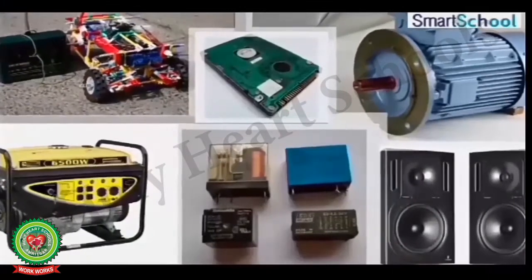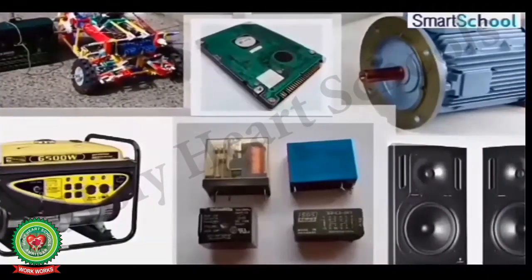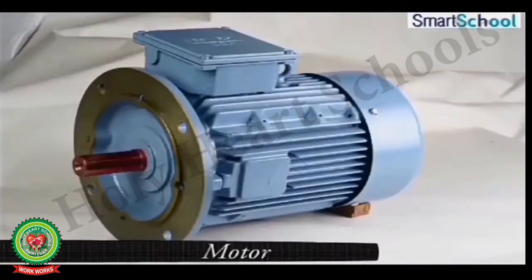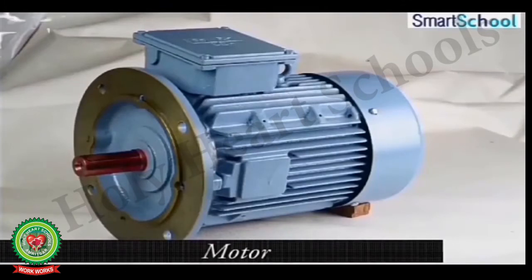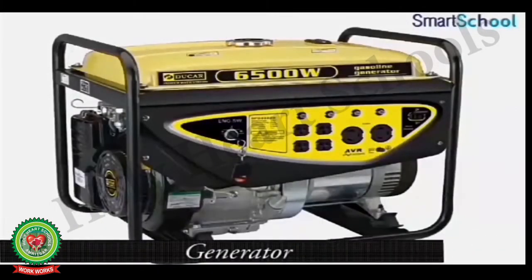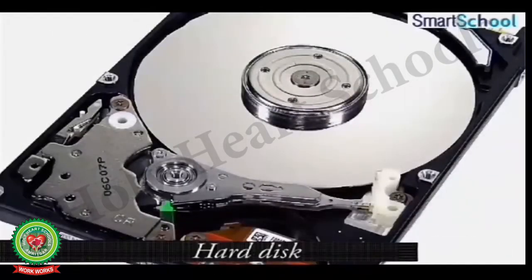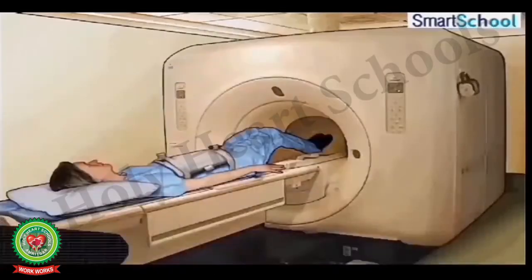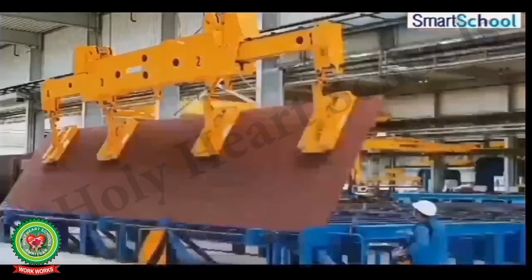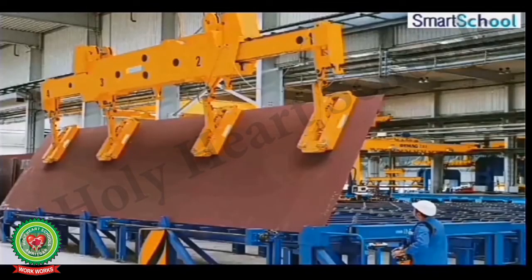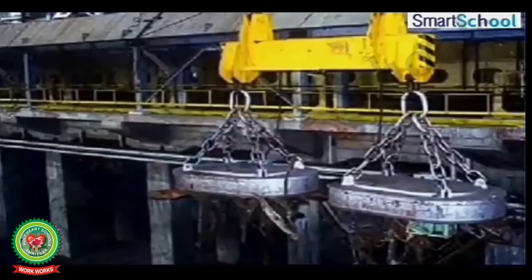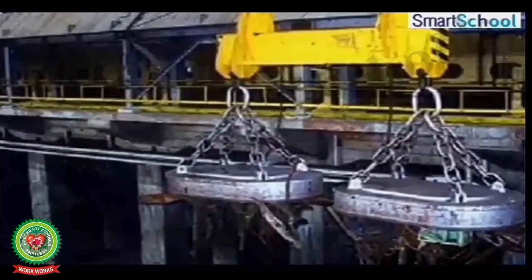Electromagnets are widely used as components of other electronic devices such as motors, generators, loudspeakers, hard disks, MRI machines, and they are also used in industries for picking up and moving heavy iron objects like scrap iron.